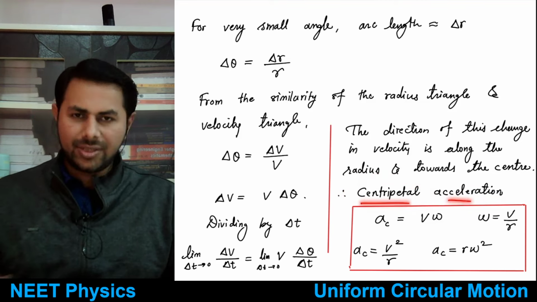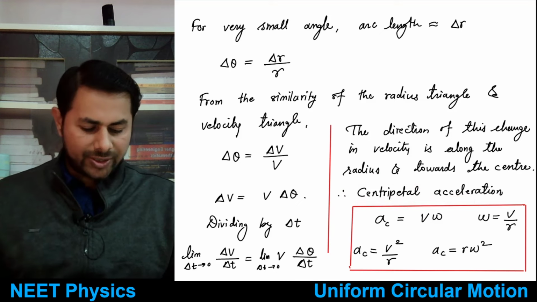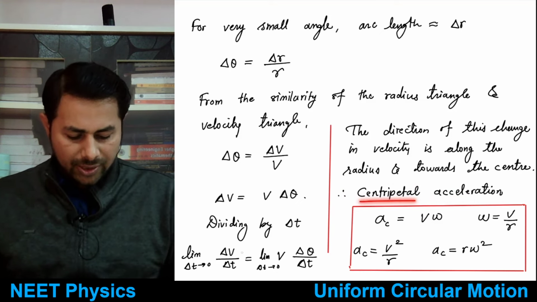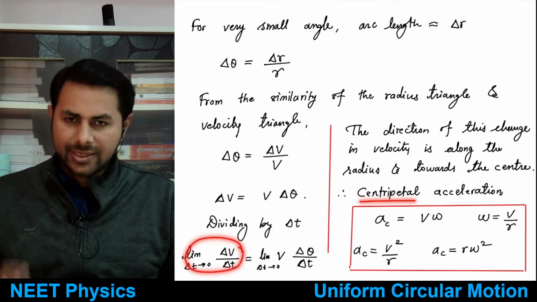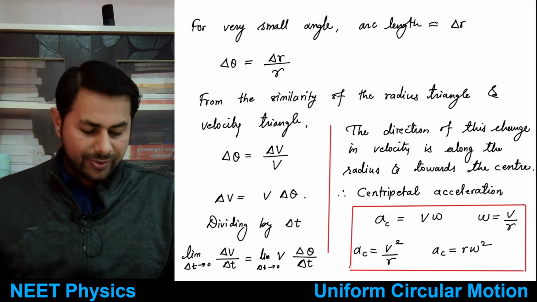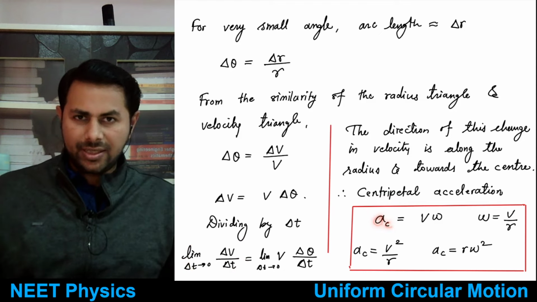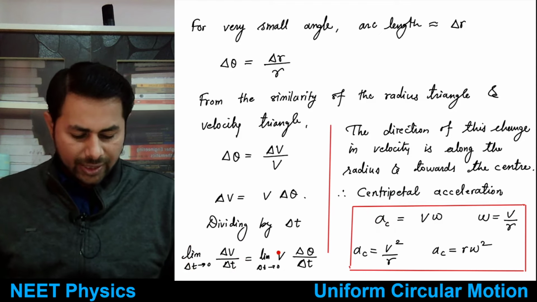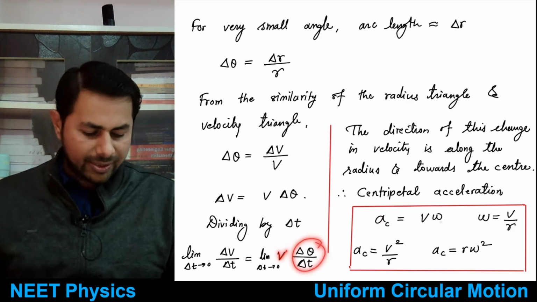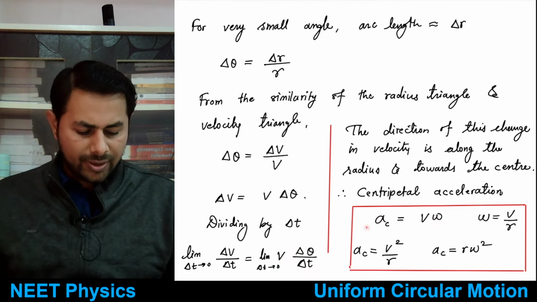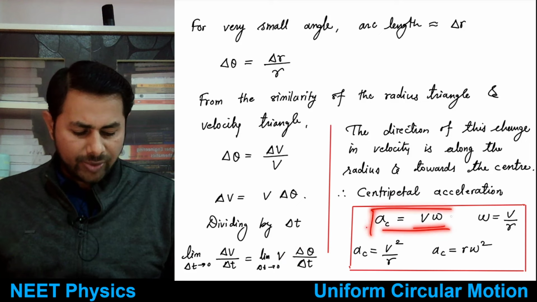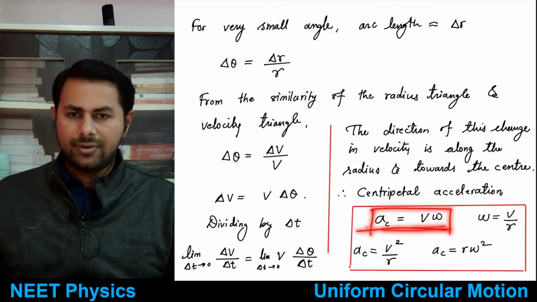Because of the change in direction of velocity. So I put the suffix c, c for centripetal, and it is equal to v multiplied by omega. Is this formula clear for centripetal acceleration, everyone?